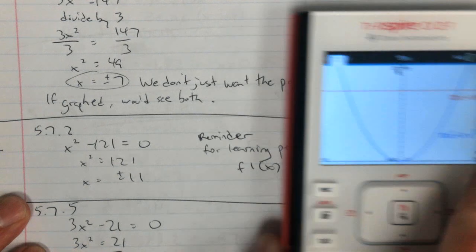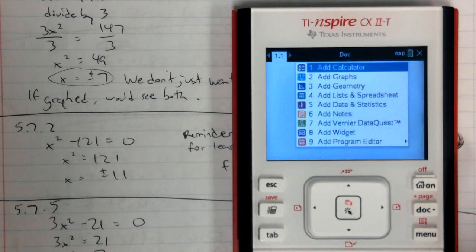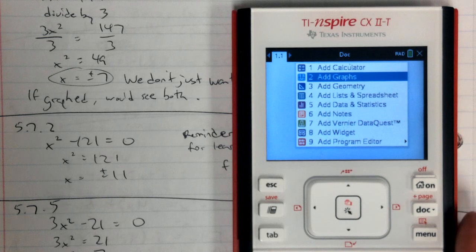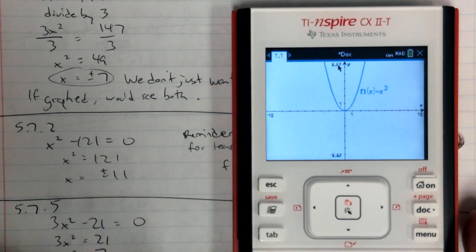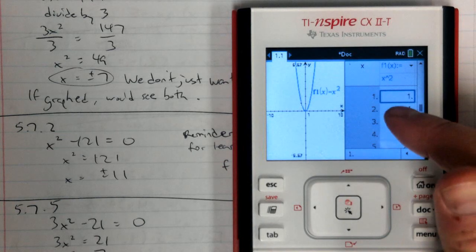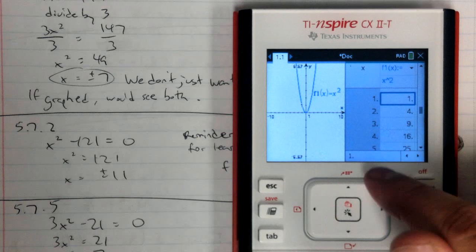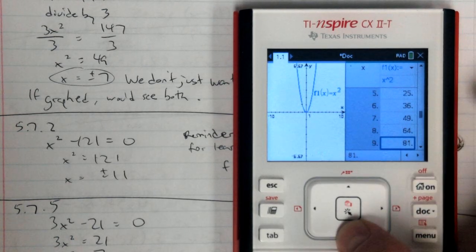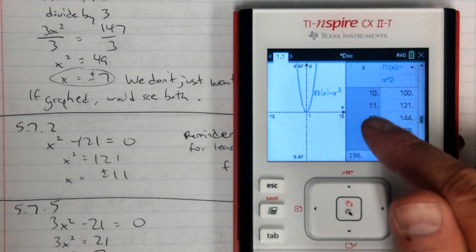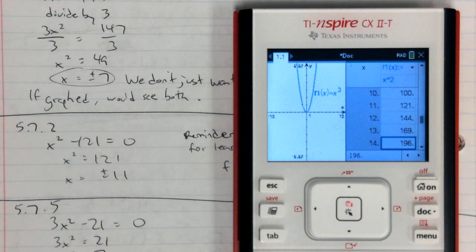If you do this, then quickly you will catch on about what the numbers are. Go to your table, and there's 1 with 1, 2 with 4, 3 with 9, 4 with 16, 5 with 25, and so forth. And you can just scroll down. And so there's 11 with 121, and so forth.